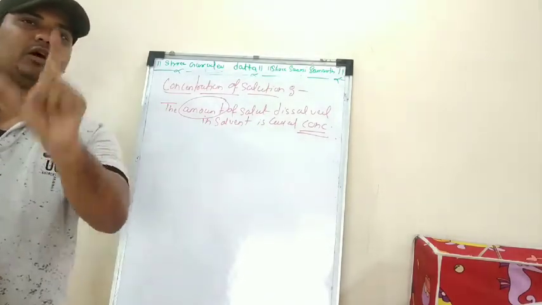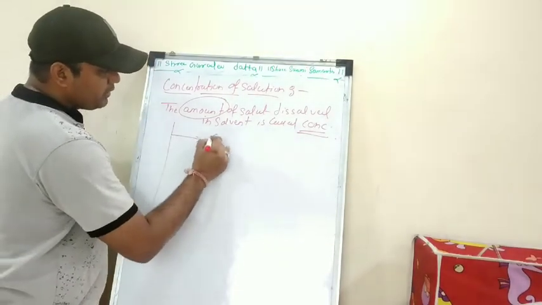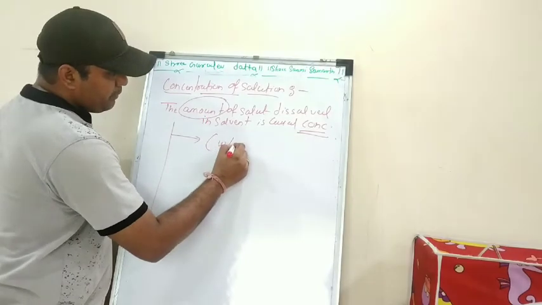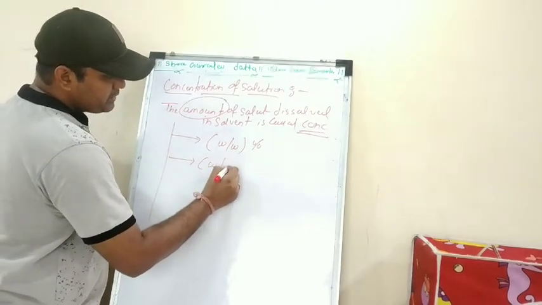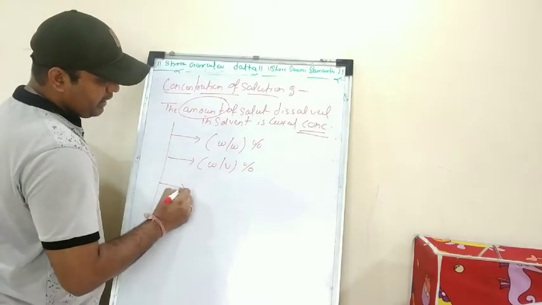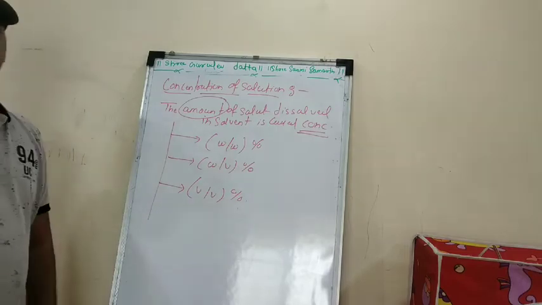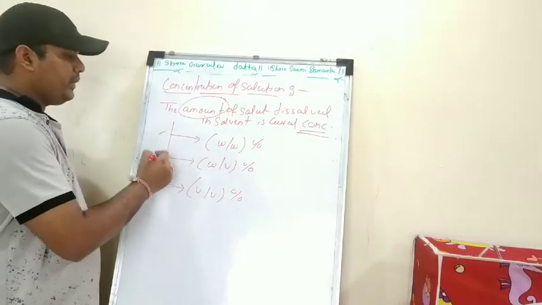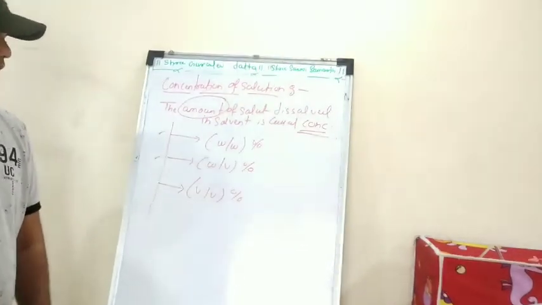Now this concentration can be expressed in three ways. Number one, W by W percentage method, then W by V percentage method, and then V by V percentage method, right? Now in your textbook you will see only two methods are given. The third method is not given, and today I will give you the third method also, right?